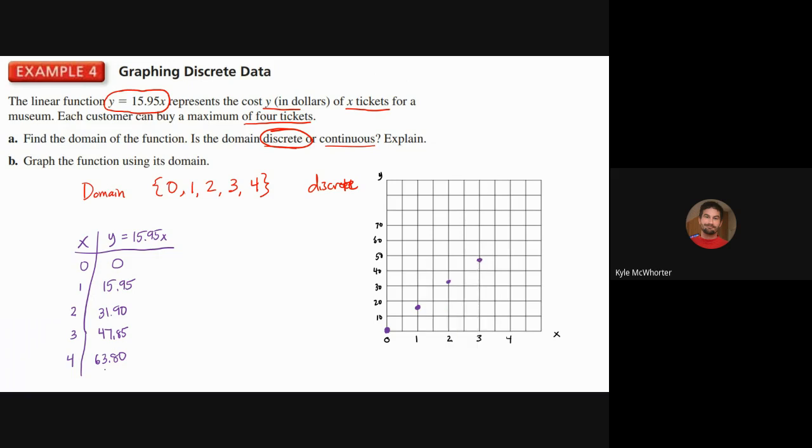And then 4, 63.80, that would be about there. And you can see that the points all line up. This is a situation where we would not draw a line through all of them because the line doesn't really exist in between 0 and 1 because we can't buy half of a ticket or a part of a ticket. We can only buy whole numbers. So we only show the graph at whole numbers. That's what the discrete domain is all about.